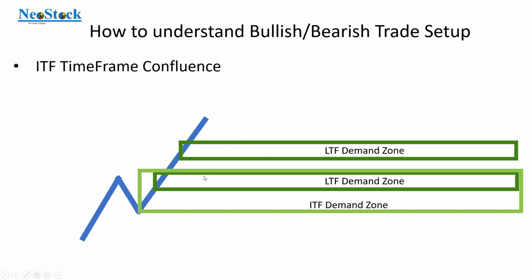If the overall market is not strong, maybe that day bears are dominating, there are higher chances this LTF demand zone will be violated. I am saying there are higher chances. But there are times this LTF demand zone which is sitting alone might be having a very strong order flow. At the time price came here, even if the market is bearish, still it will push the prices up.